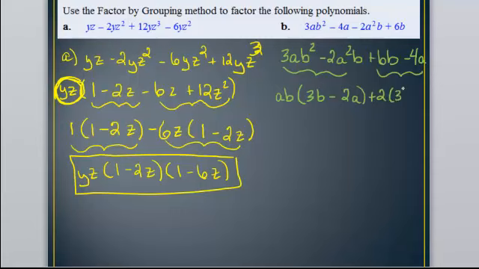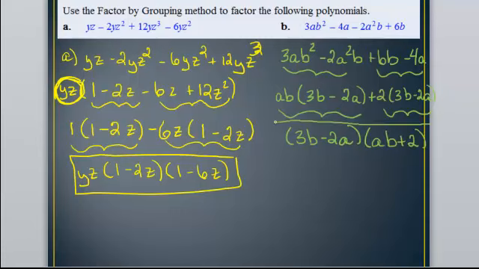We'll be left with the 3b minus 2a. Now, these both have a 3b minus 2a in common, so factor that out. And we're left with ab plus 2. The more you do, the easier it gets, so don't forget to practice.